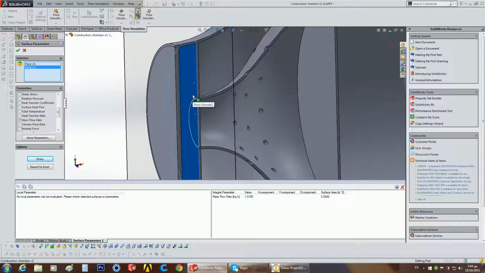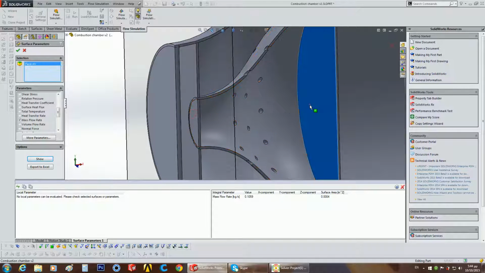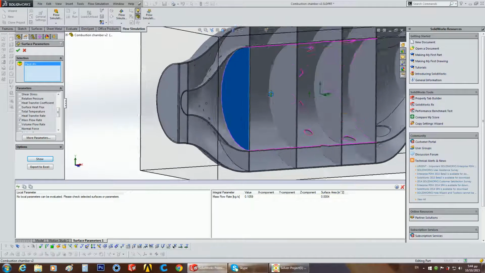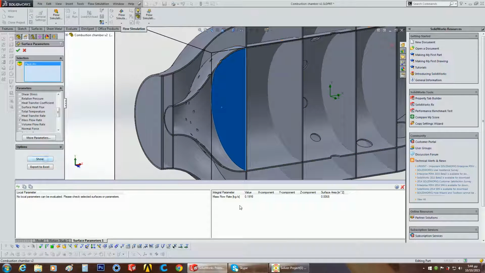I don't know why this is happening. So 0.1 kilogram goes in the combustor liner. At this stage, we have 0.2 approximately. So 0.1 kilogram goes in from these primary holes.